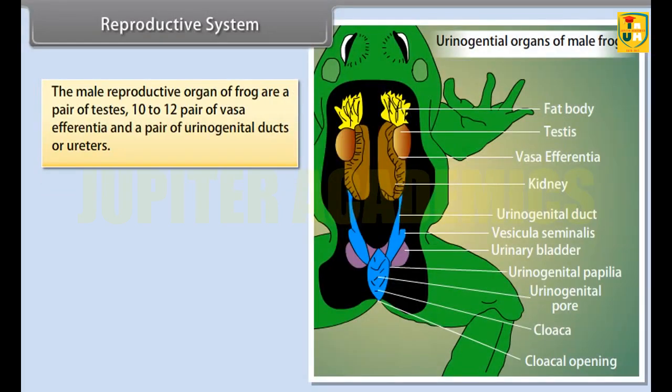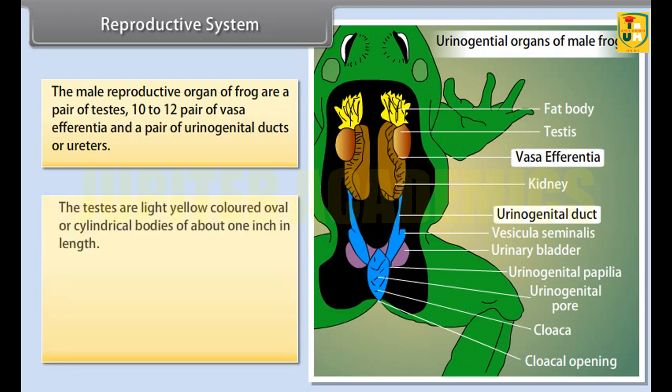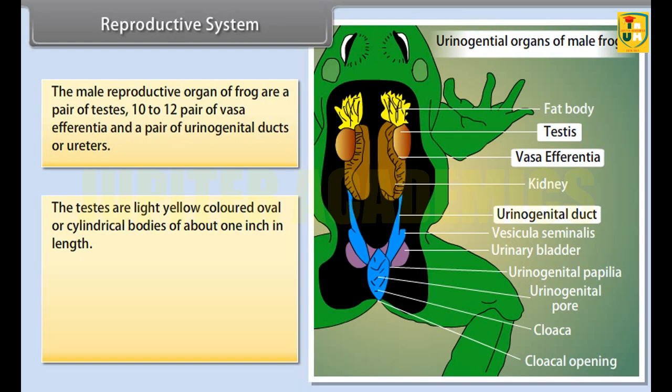Reproductive system. The male reproductive organs of frog are a pair of testes, 10 to 12 pairs of vasa efferentia, and a pair of urinogenital ducts or ureters. The testes are light yellow-colored, oval or cylindrical bodies of about 1 inch in length.